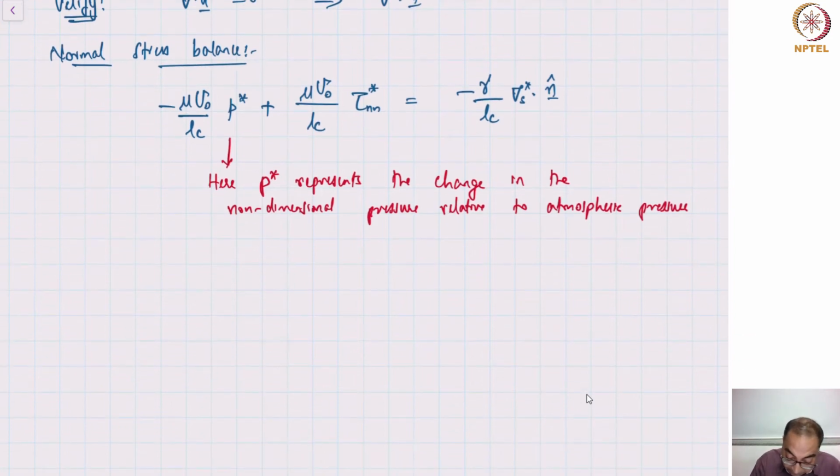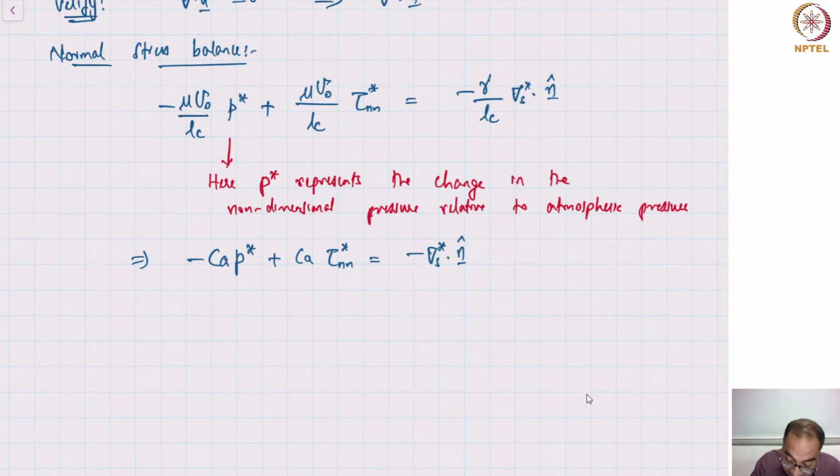If I were to continue this analysis, what do I have now is, if I divide throughout by capillary number, capillary surface tension, and cancel the capillary length, I have capillary number times P star, capillary number times tau nn, del star n.